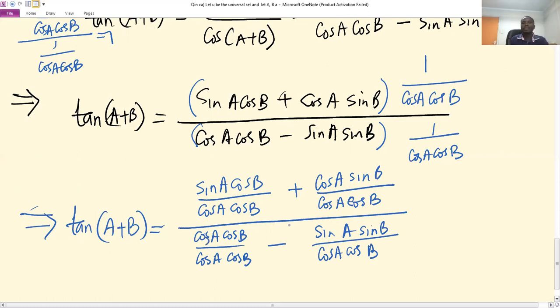If you simplify this expression, you go back to what we had, sine A cos B plus cos A sine B over cos A cos B minus sine A sine B.